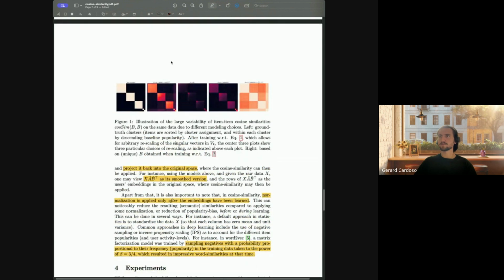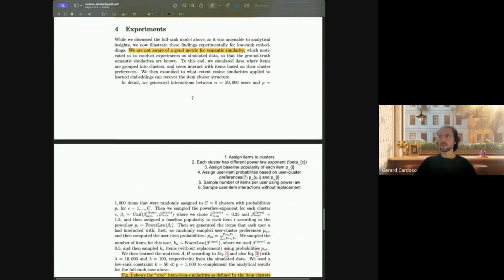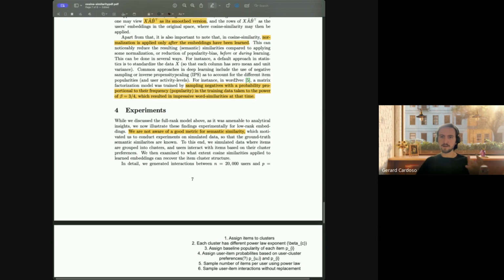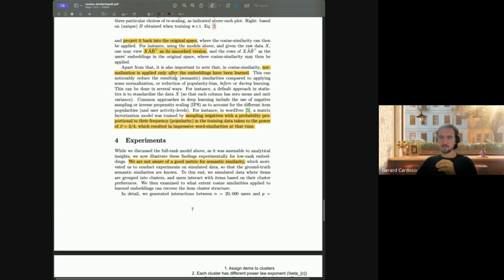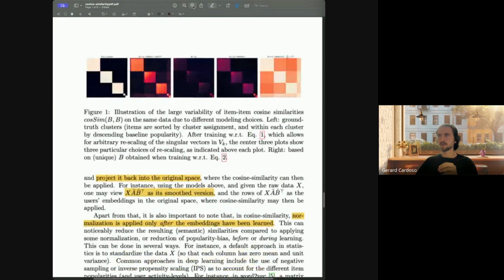I can talk through a little bit the experimental setup, but basically what they did is they simulated a set of users and items and user-item interactions, and then applied the two different matrix factorization models with different regularization schemes.